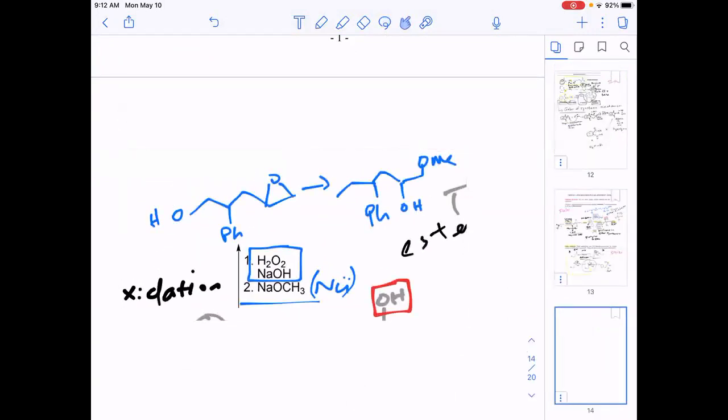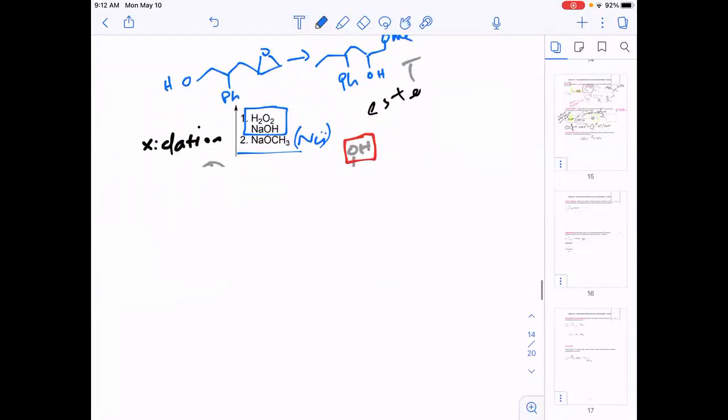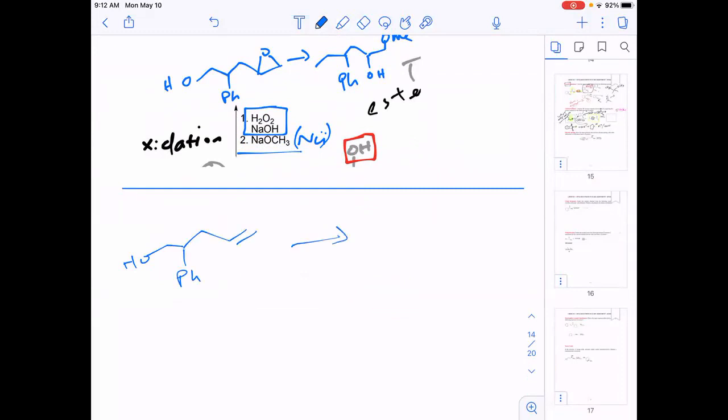All right, so the first step, again: I take the starting material that I had, which is this, and then I treat it with hydrogen peroxide, right? That's going to give me this epoxide.